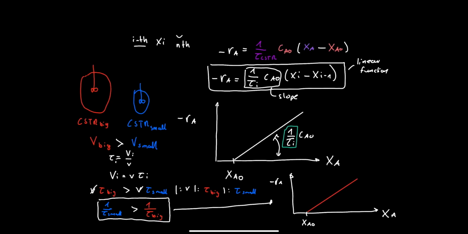The slope of our big reactor is 1 divided by tau big times CA0. And because 1 divided by tau small is going to be bigger than 1 divided by tau big, the slope of the small reactor will be bigger, because 1 divided by tau small times CA0 is bigger than 1 divided by tau big times CA0.